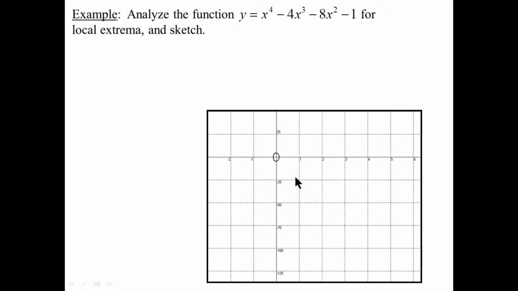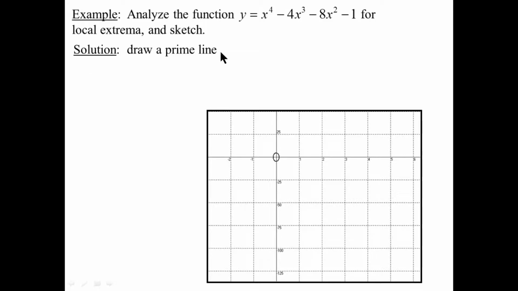Let's do it again, this time with a quartic. Analyze the function for local extrema and sketch. Solution method: draw a prime line, a very useful activity.